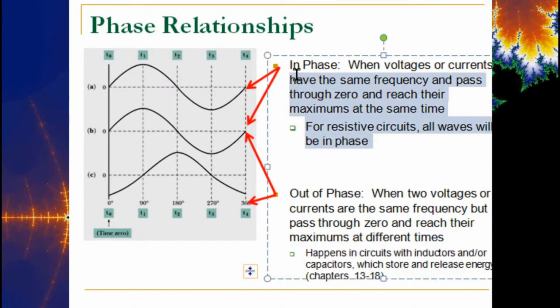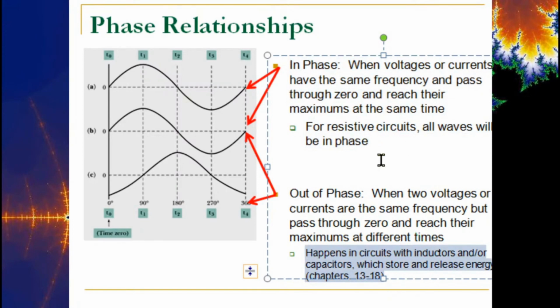So, if you have a purely resistive AC circuit, in other words, all you have are resistors in series with or in parallel with your AC voltage source, in that case, everything in the circuit is always in phase because resistors and the current and the voltage source are always in phase with each other. The things that are out of phase is when you start to use inductors and capacitors, as you see down here.